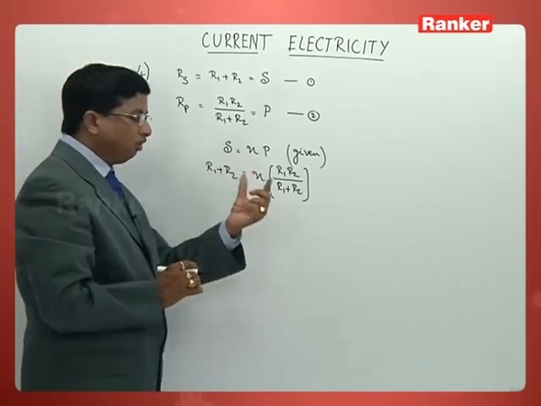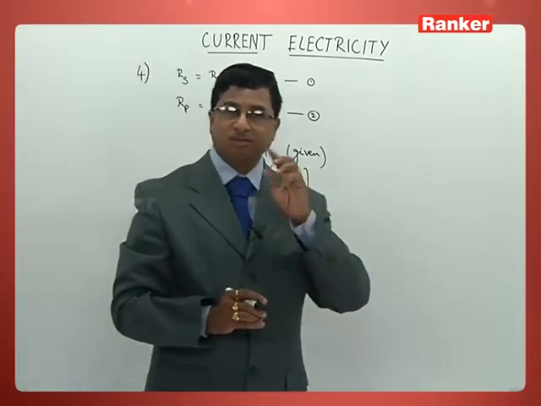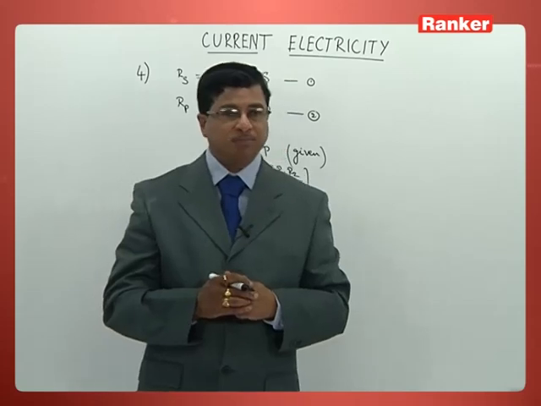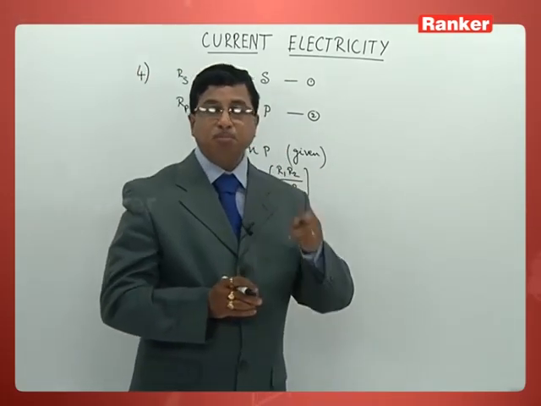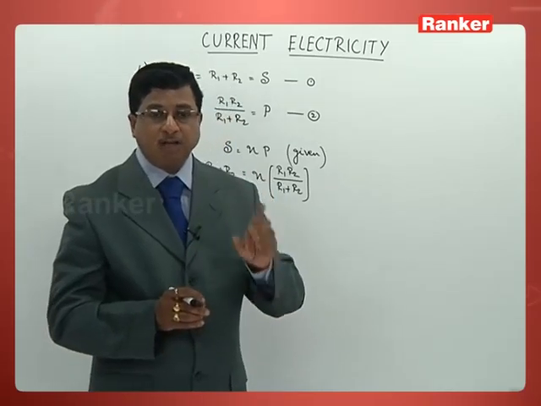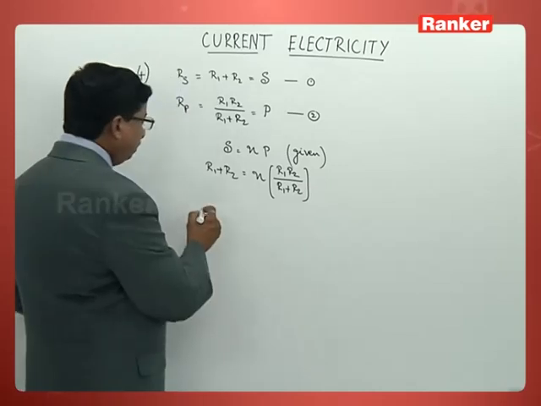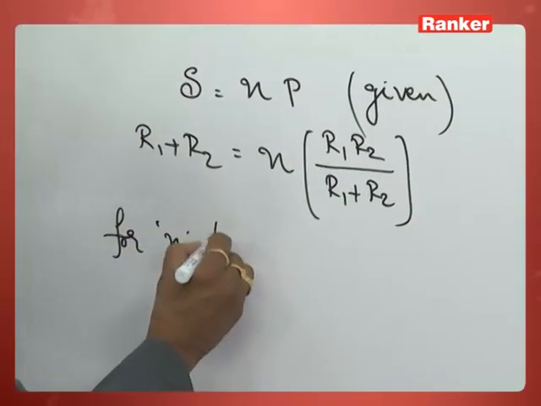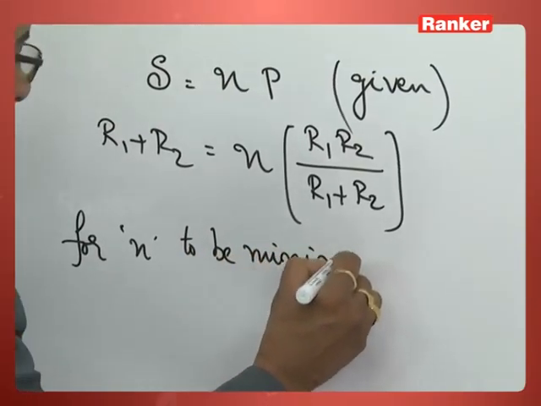Now here you should consider the condition mentioned in the question. What is he asking? See the last sentence there. If S is equal to NP, then the minimum possible value of N is how much? For N to be minimum, what is the condition?